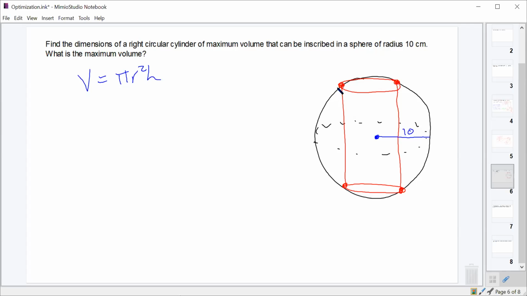What is h? H is this, right? And then we've got a little r here for our cylinder, and we've got a 10 for the radius of the sphere. Anybody see a way I can relate those three things together at all? Could you connect the center of the sphere to one of the corners of the cylinder?